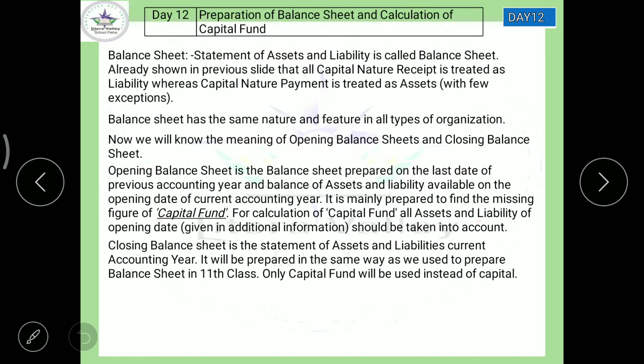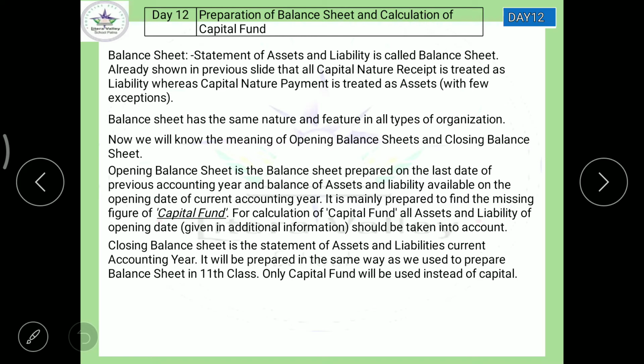The two words, a lot of times we have used opening balance sheet and closing balance sheet. Actually, there is not such a type of balance sheet, opening and closing. A balance sheet is actually prepared on the very last day of the accounting year. That last one obviously will come as opening for another year.